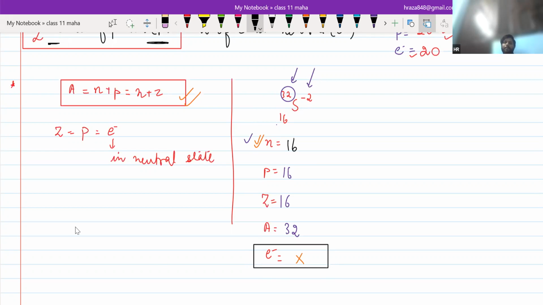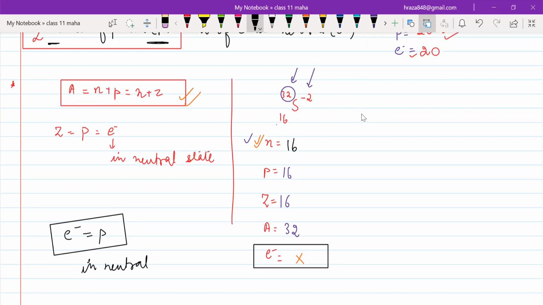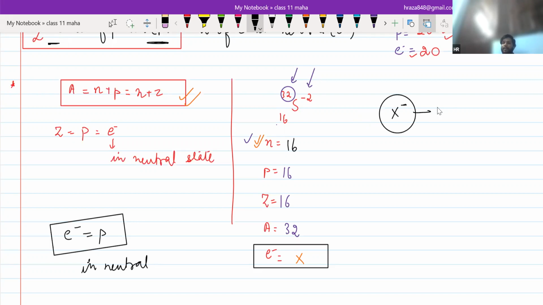The number of electrons will be equal to protons in the neutral state, but here it is written -2. Do you know that when an element gains electrons, which type of charge it will have, positive or negative? Negative. If there is an atom X minus, that means it gained one electron.